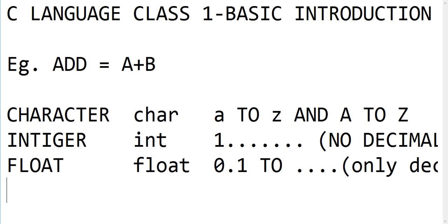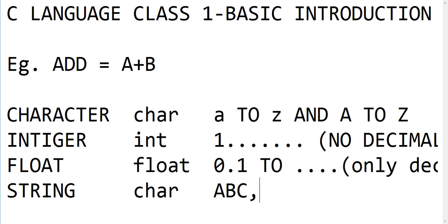Then come the strings. It's a particular type of character only. It contains a combination of A, B, C, X, Y, Z, etc. We will talk about it in later lectures.